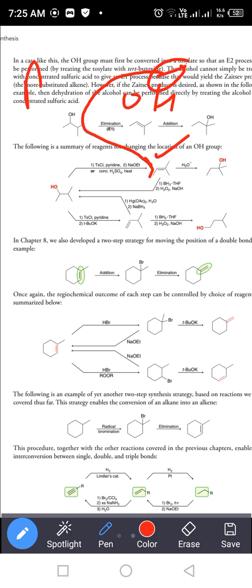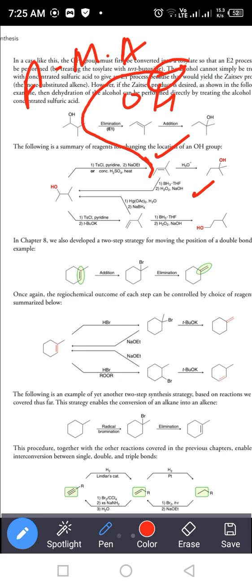This is anti-Markovnikov addition. Always keep in mind, if you want to add the OH group from the less substituted site, then select this reagent, BH3 tetrahydrofuran, hydrogen peroxide and NaOH.